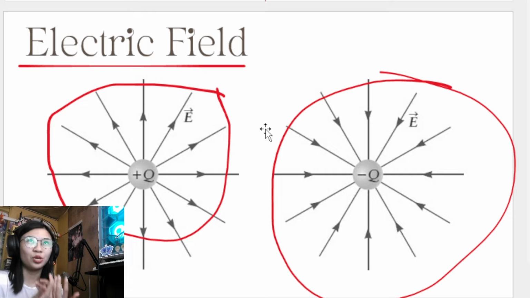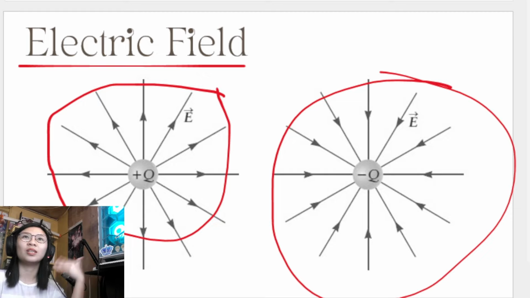Depende sa ilahang charge. Okay? So that is why the emphasis there is there will be no electric force if there is no interaction between two or more charges. Pag isa ra, wala electric force.